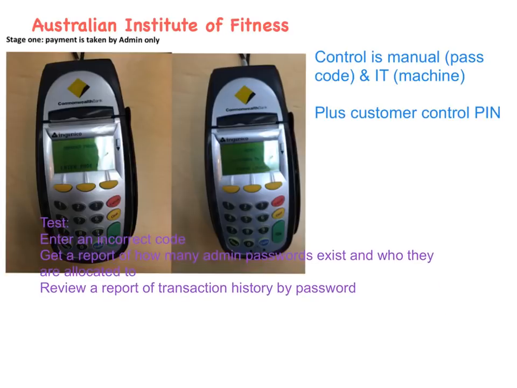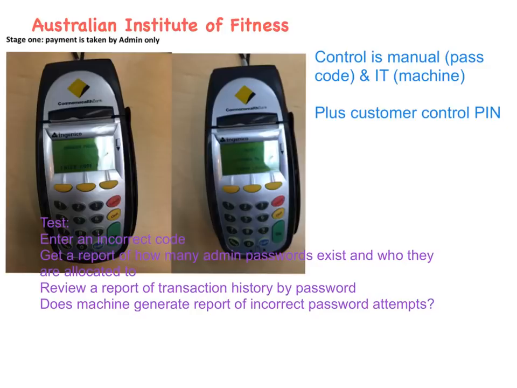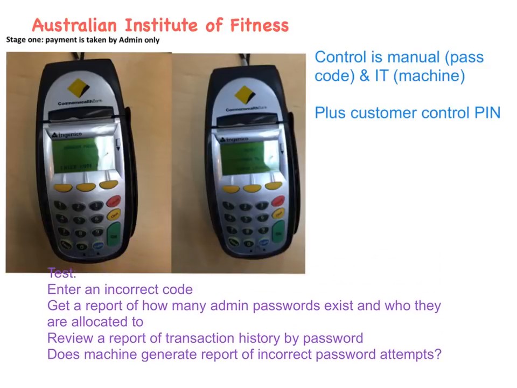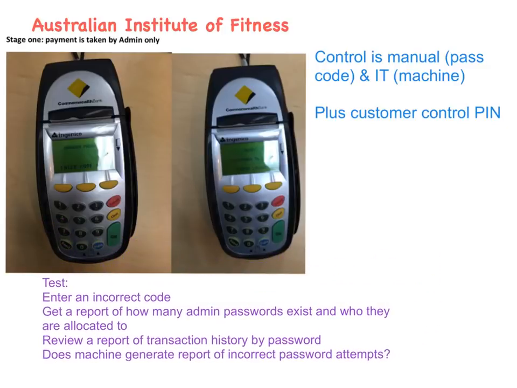Yeah? I don't know if the machine will tell you this: does the machine generate a report of incorrect passcode tries? That could be useful to know. All right, so we've got a range of tests there for our little machine.